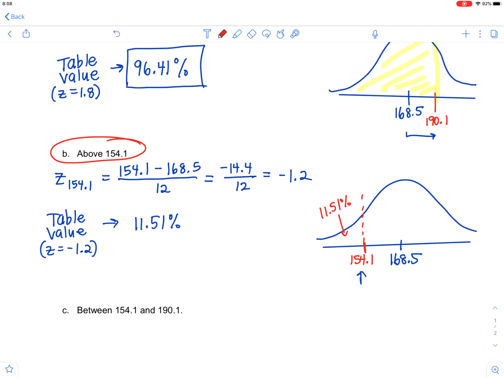So since the entire curve is 100%, we're going to need to take 100% minus the 11.51% to get the desired result. So that would be 88.49% for being above the score of 154.1.